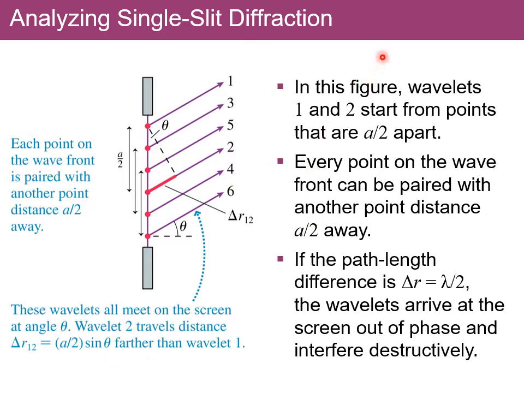If the path length difference Δr equals λ/2, the wavelets arrive at the screen out of phase and interfere destructively with each other, effectively canceling out pairwise and creating an interference minimum.